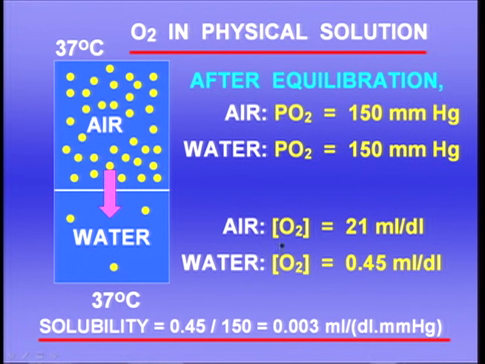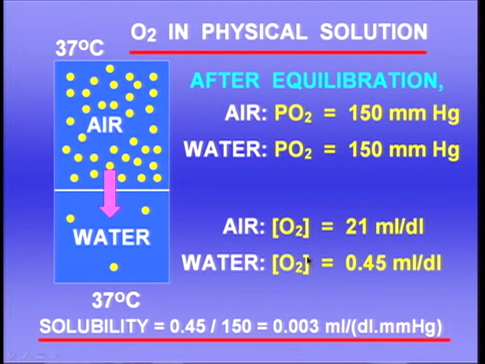Not useful questions. The only way we can think of the partial pressure of a gas in a liquid is the partial pressure of the gas in equilibrium with the liquid. So that's a very important concept that we've talked about here. Now we saw that the concentration of oxygen in air is 21 mils per deciliter. What about the concentration of the oxygen in the liquid?